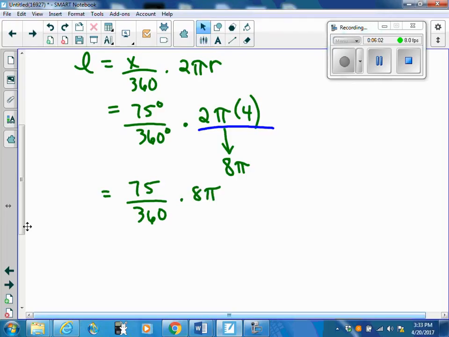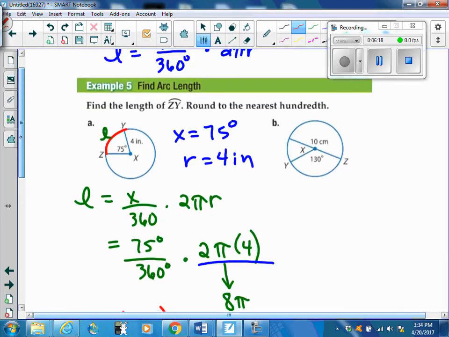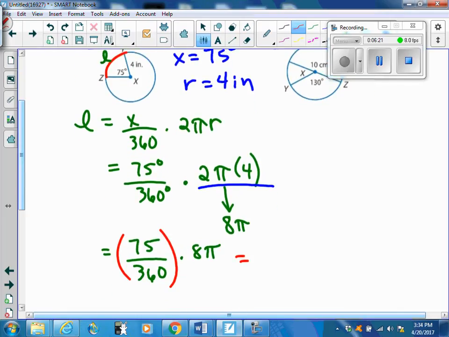You're going to put that directly in your calculator. But what you want to do with the fraction is put that in parentheses so that we keep that all together, and then say times 8 and hit the pi button. Now, if it said to leave it in exact terms, you would leave pi in there. But we want it rounded, so that value is going to be approximately 5.24 inches.